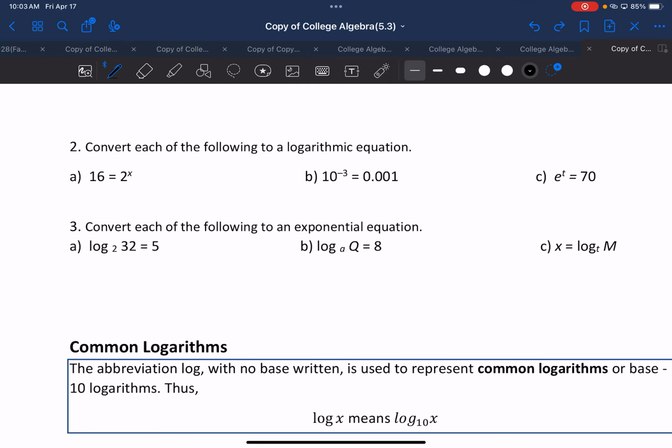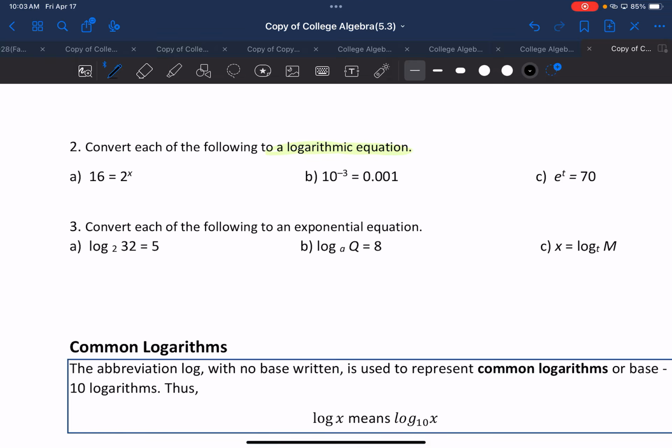So the next thing we're going to do is work more with converting from logarithmic to exponential and exponential to logarithmic. So for number 2 here, we are converting each of these into logarithmic form.